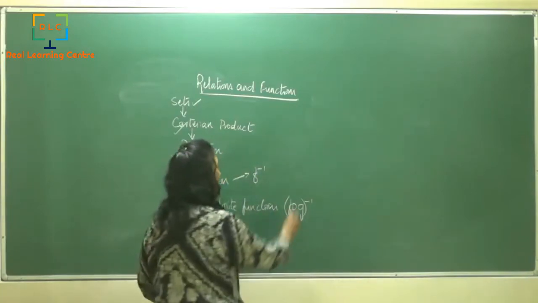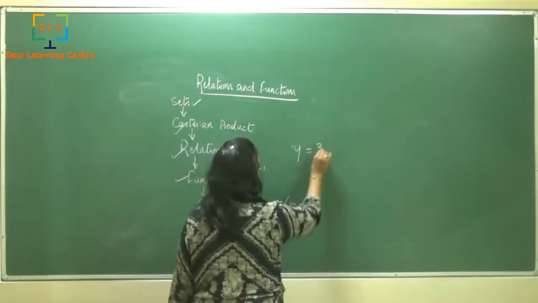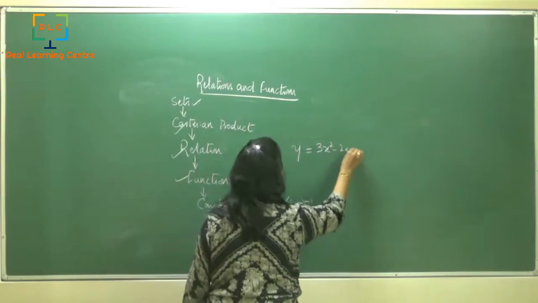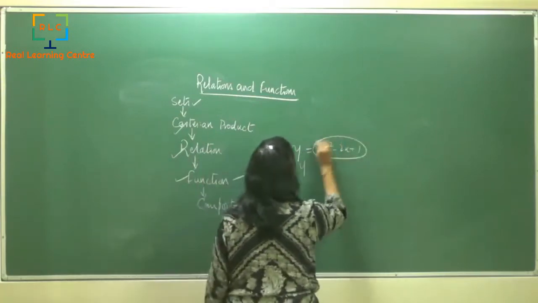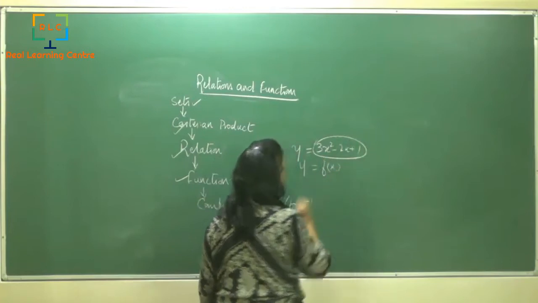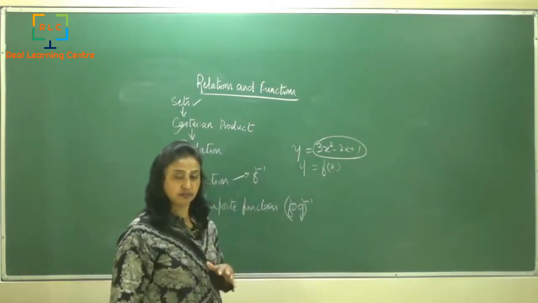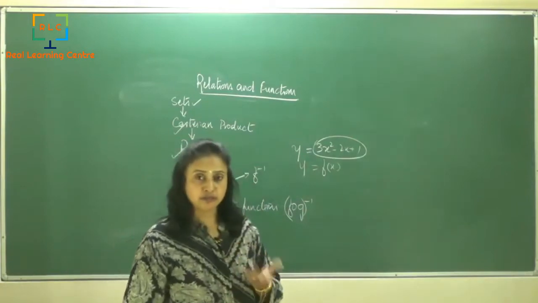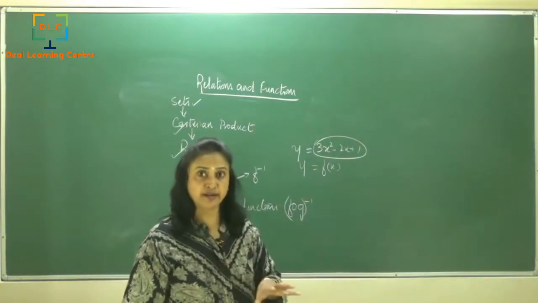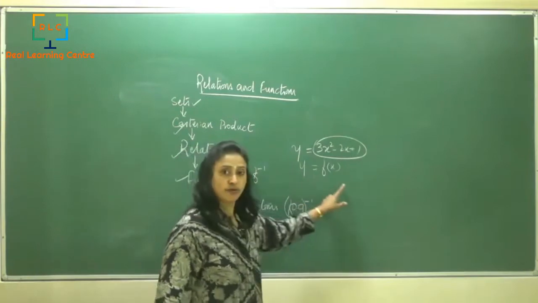On one side you have y, and on the other side you have 3x square minus 2x plus 1. We call this a function of x, or maybe x is a function of y, but the standard equation we always express in mathematics is y is equal to f of x.